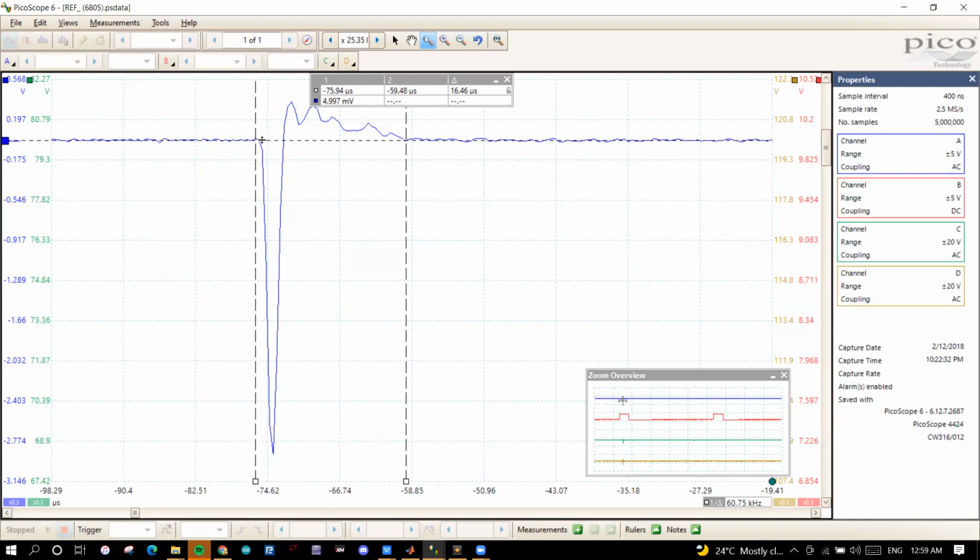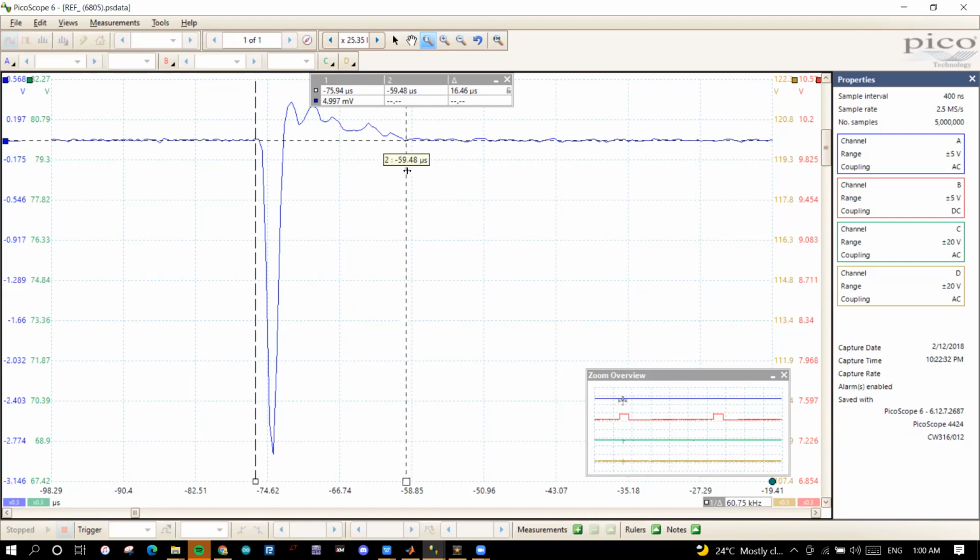Pulse duration is the time taken from the starting point to the ending point of the lightning waveform. So this waveform has approximately ended here, and it shows the difference between these two lines. So the difference is around 16.46 microsecond.